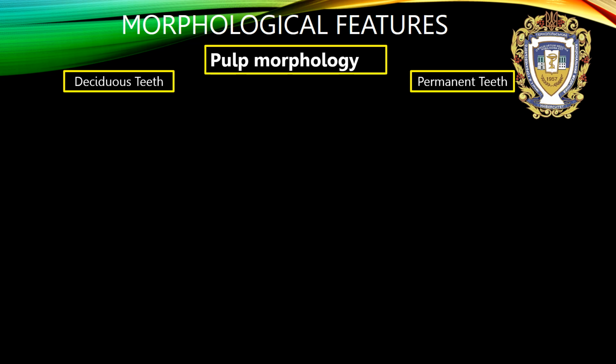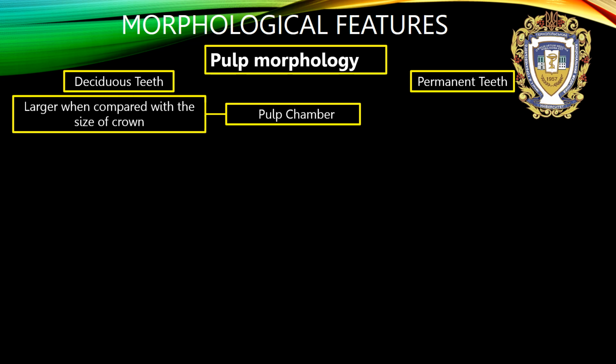Let's go deeper inside of tooth and let's talk about pulp morphology. Pulp chamber in temporal teeth is comparatively larger when compared with the size of crown.